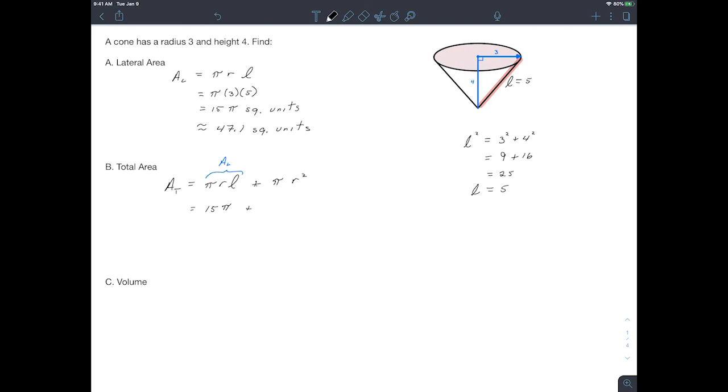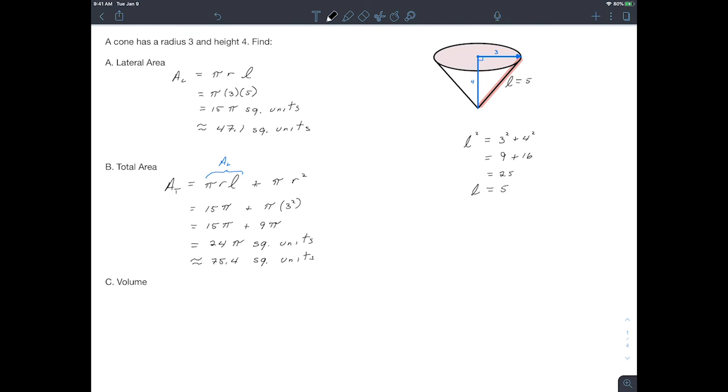So we will do the other part. Pi, our radius is 3, so it's times 3 squared, which gives us 15 pi plus 9 pi, for a total of 24 pi square units. And just to keep going with the approximate, 24 pi is approximately 75.4 square units.